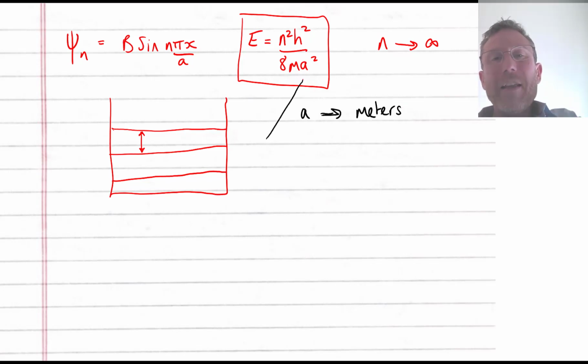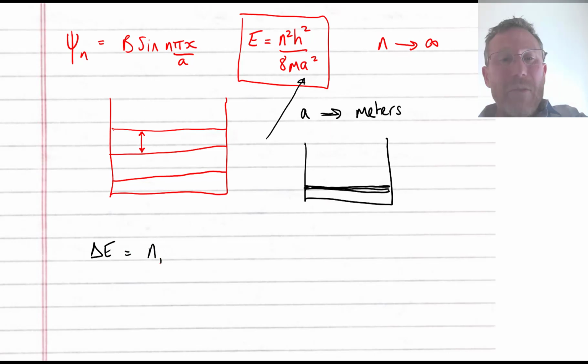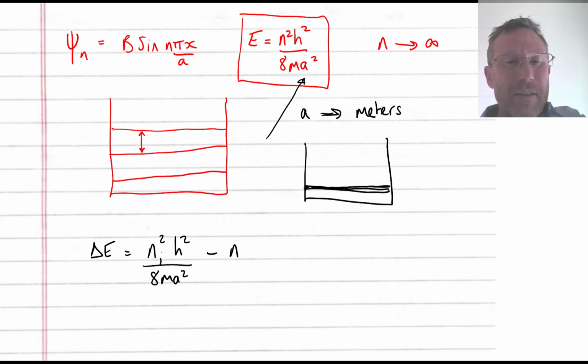Well, what we can recognize here is that this a is in the denominator, and as that a stops being really small, these energy levels start to sit right on top of each other. So the gap, the delta E between energy levels, is equal to n2 squared h squared over 8ma squared minus n1 squared h squared over 8ma squared.